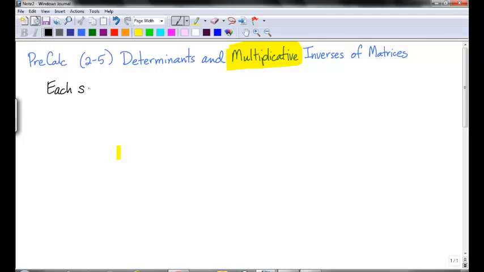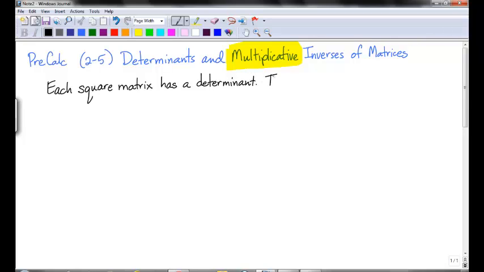Each square matrix. Now, when they talk about a square matrix, remember the matrix with rows and columns. A square matrix would be like a 2 by 2, a 3 by 3, a 4 by 4. So each square matrix has a determinant. Okay, each square matrix has a determinant.